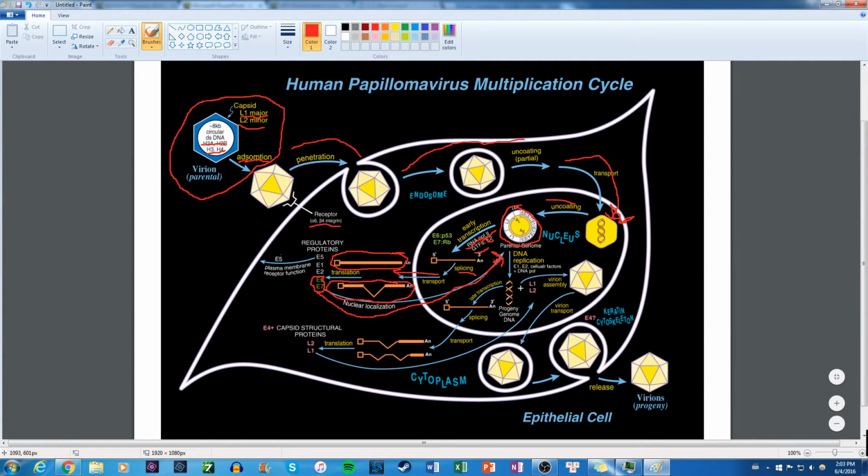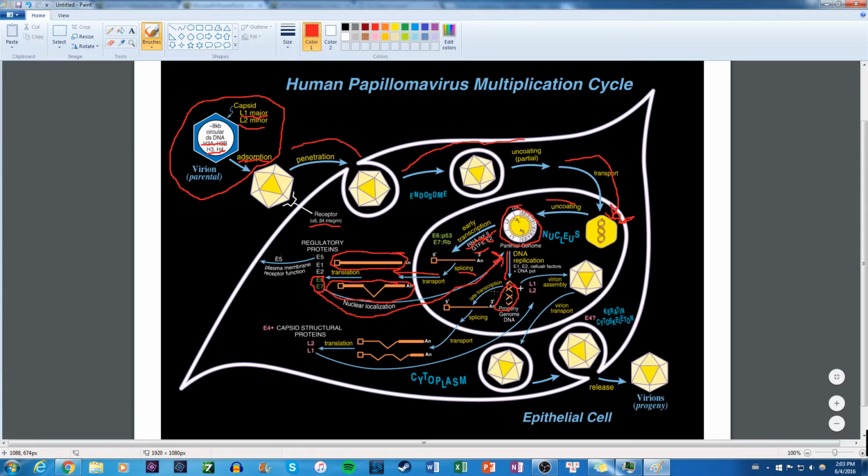So now it's back in here. Conditions are now set: the infrastructure to replicate DNA and to make huge amounts of viral protein is there. So here you have a bunch of progeny DNA. From that, again, you have temporal, or time-based, control of late transcription.